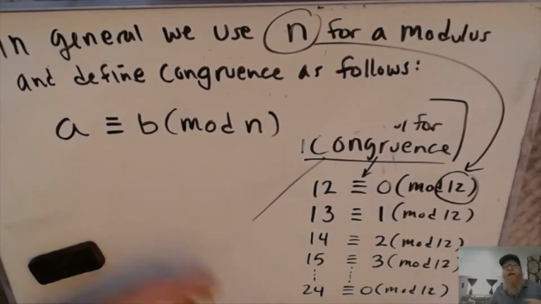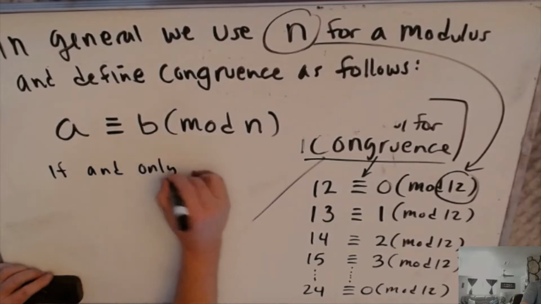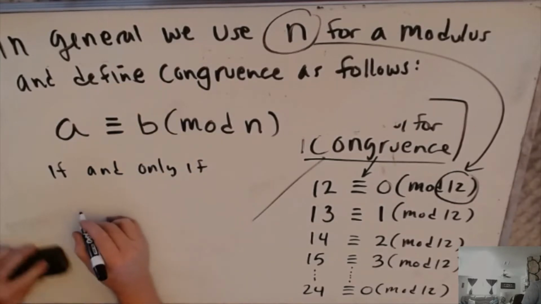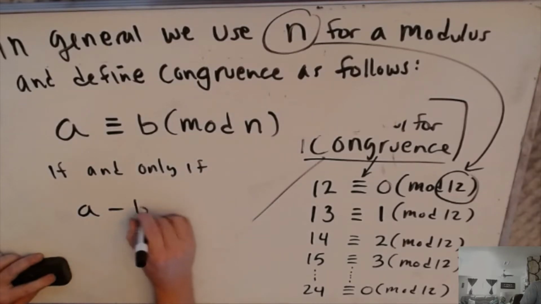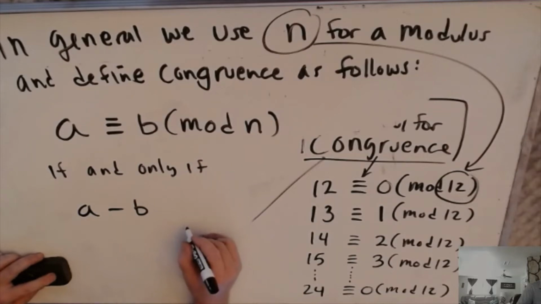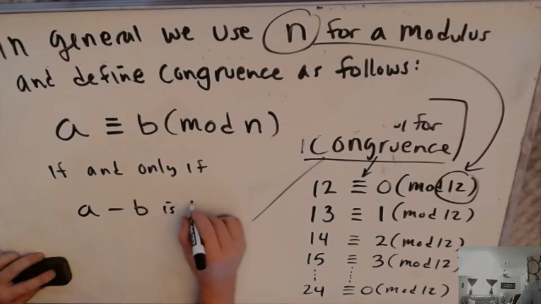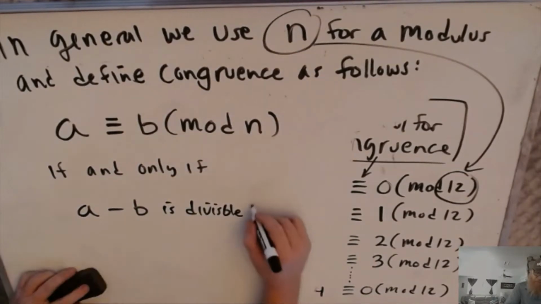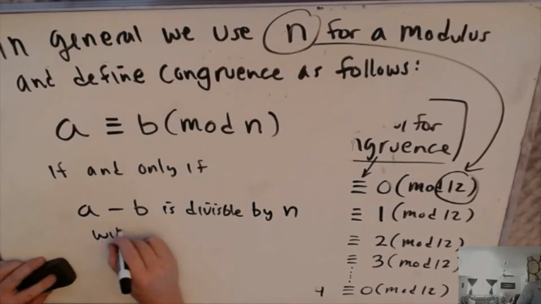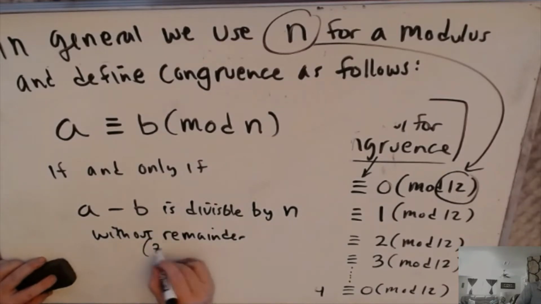I'm using the clock as the opening example, but we're going to certainly move on to some other moduluses. If and only if A minus B is a multiple of, or is divisible by, n without a remainder. Or you could say with 0 remainder.